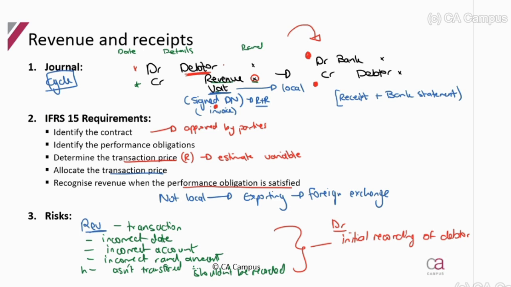So when we're looking at the balance at year end for the debtor, there could be additional risks like that it's at the incorrect value, because they actually should be reducing it to record what they can recover.